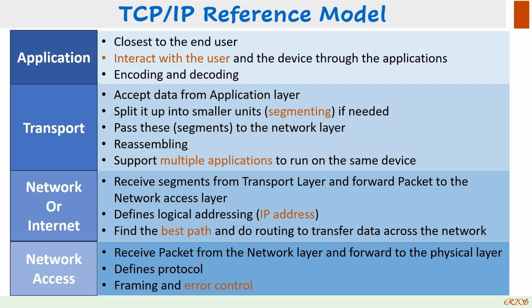Then the network layer forwards its packet to the network access layer, or data link layer, and the data link layer does the framing and also some error control. So this is very briefly what the application layer, transport layer, and network access layer do.